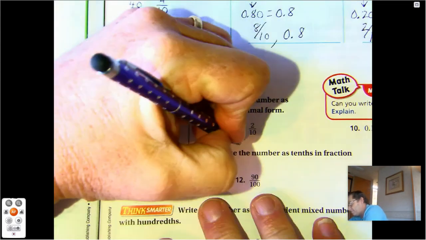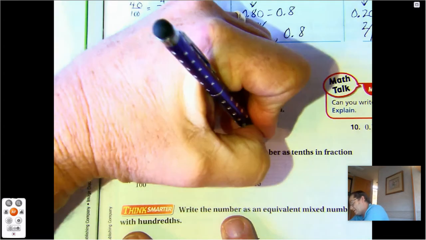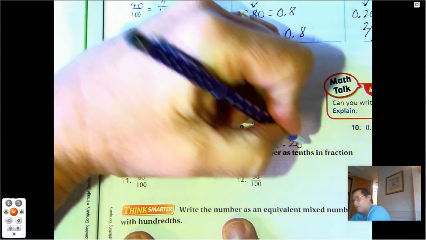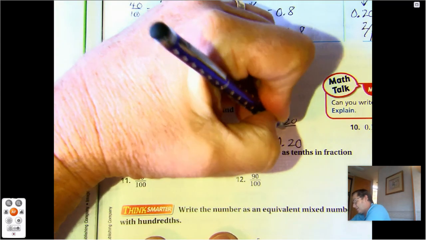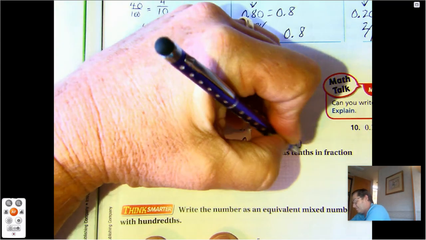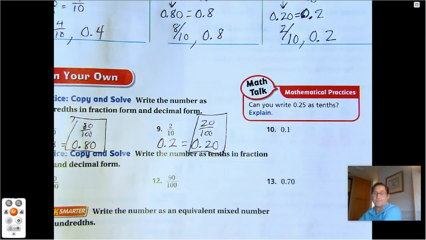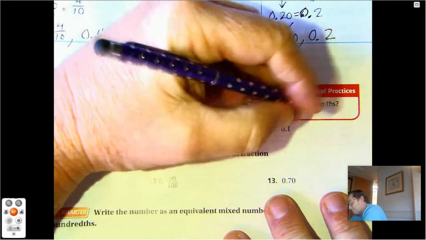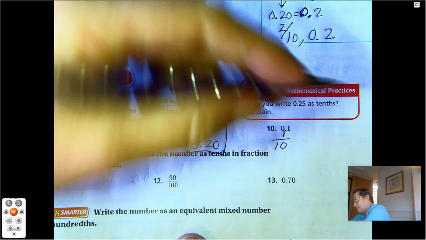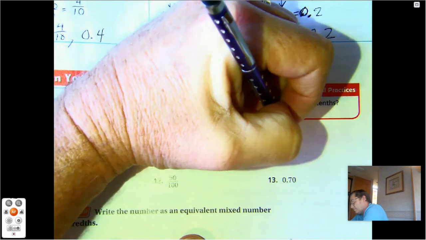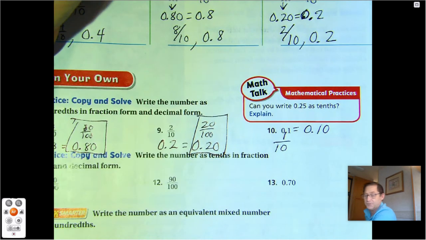Two tenths, we write that as 0.2 as a decimal. It is equal to 20 hundredths, and so it would be 20 over 100 as a fraction. 0.1 as a fraction, that's 1/10. 0.1 is equivalent to 10 hundredths.